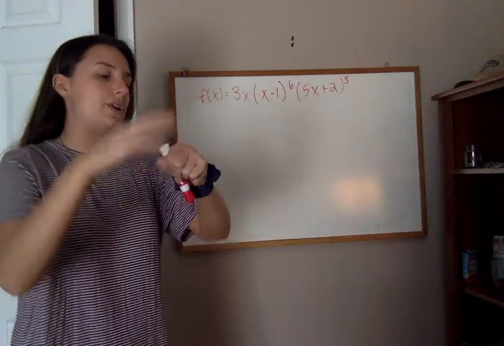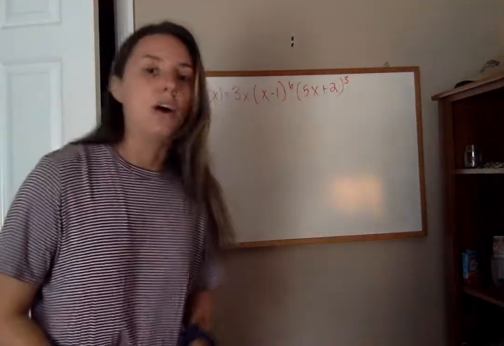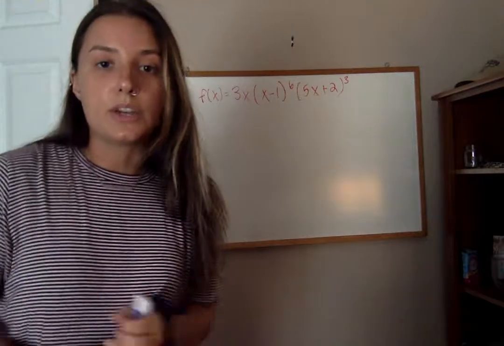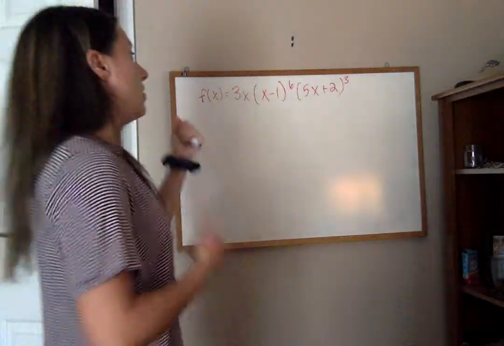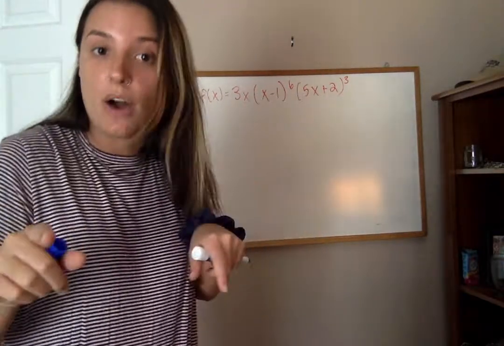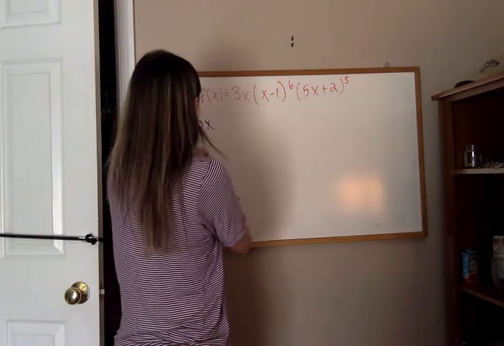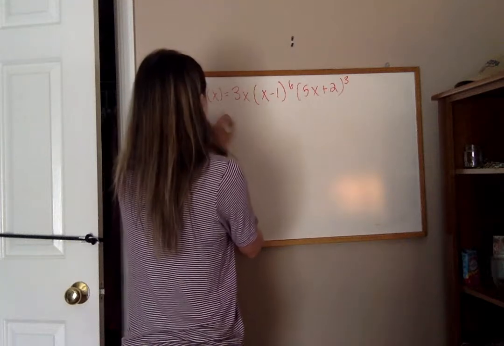Okay, so I think we are all comfortable with the process of setting each of these to 0 in order to see what x equals, to see what that x-intercept is. Okay, so I'm just going to go and do that. I'm going to disregard those exponents for now. I'm just going to take out 3x, x minus 1, and 5x plus 2. I'm going to set them all equal to 0.